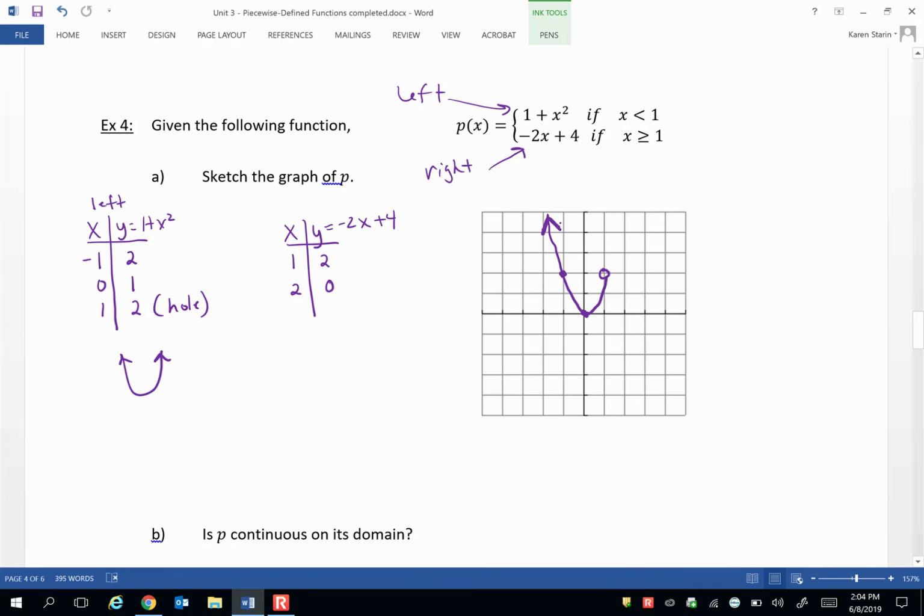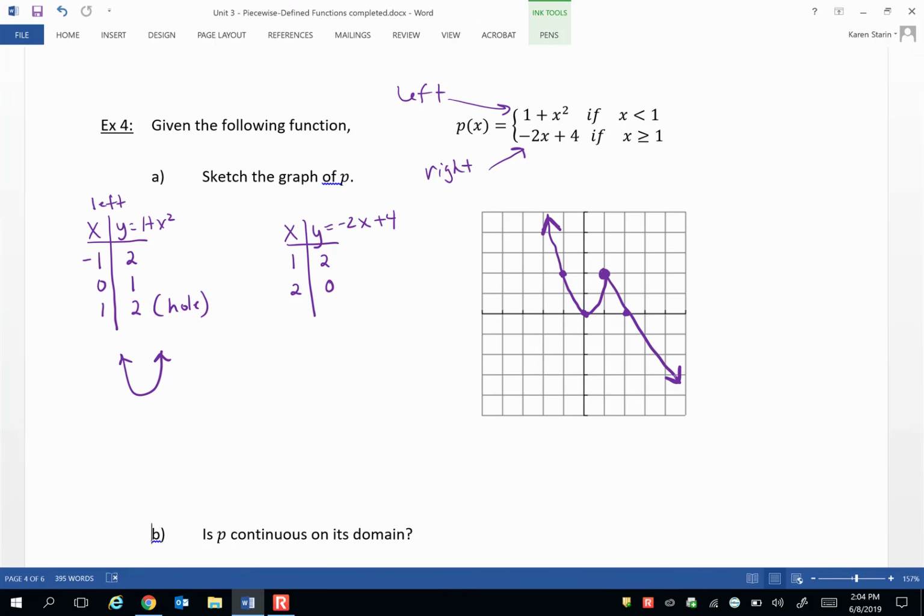And then for x greater than or equal to 1, at 1, 2, I'd actually now fill in this hole because of the right piece. I am the point 1, 2, and then 2, 0. So from 1, 2 to 2, 0, I'll pass through the 2, 0 point and draw an arrow in the direction y goes to negative infinity and x goes to positive infinity.